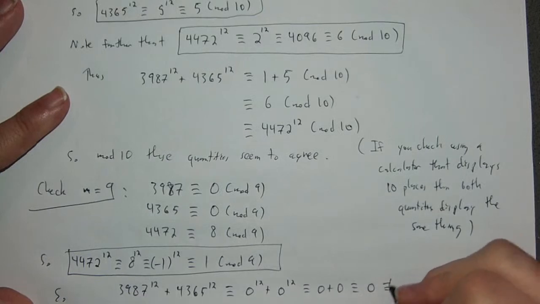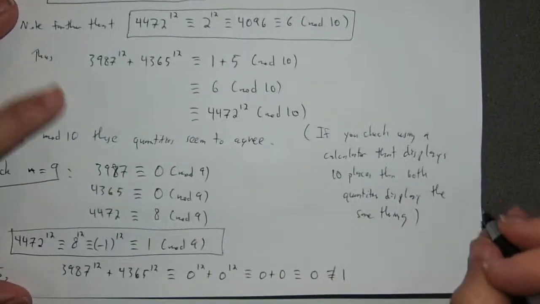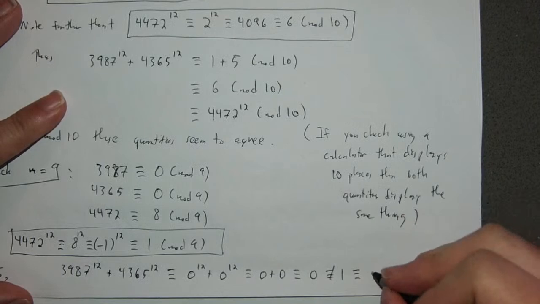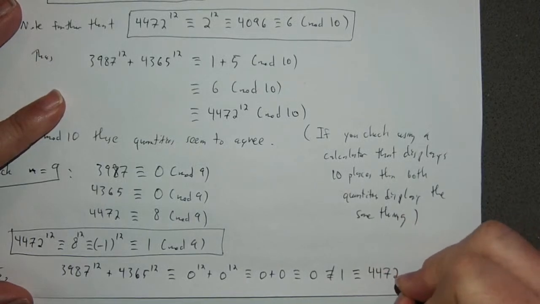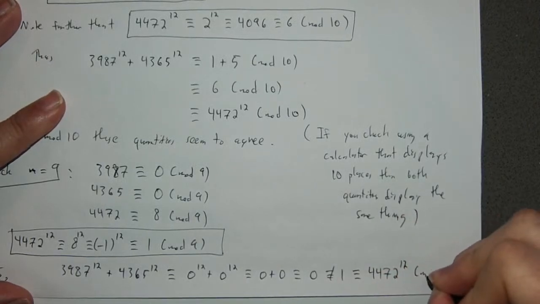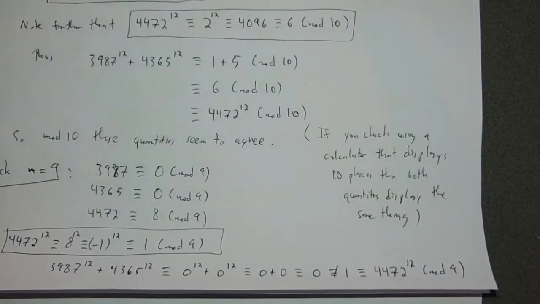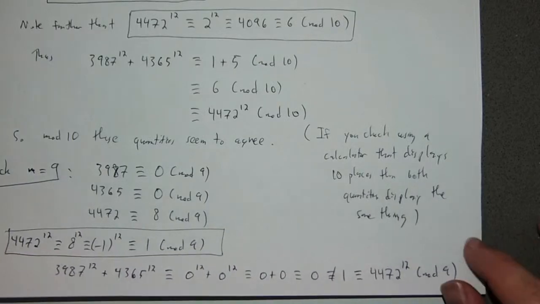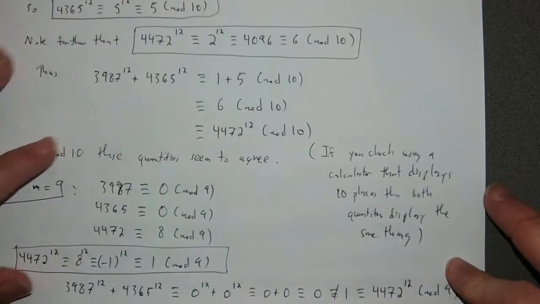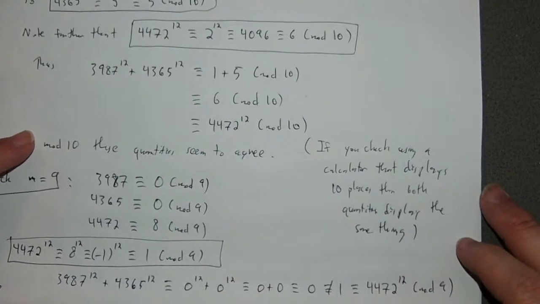And that is not congruent to 1 mod 9, but 1 is congruent to 4,472 to the 12th. So we have found some m for which these two quantities are not congruent.